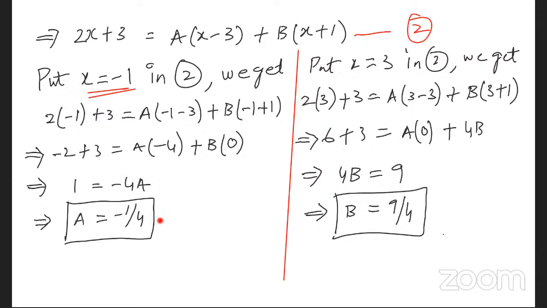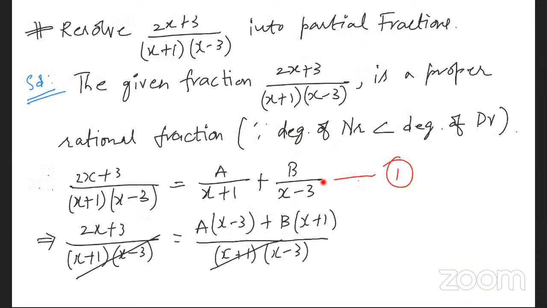So we got the value of A and we got the value of B. Where are we going to substitute? We're going to substitute the values of A and B in equation 1. A is equal to -1/4 and B is equal to 9/4.